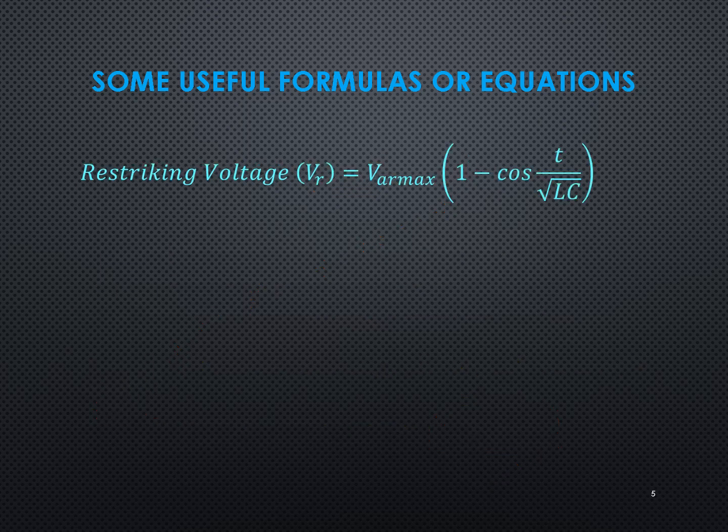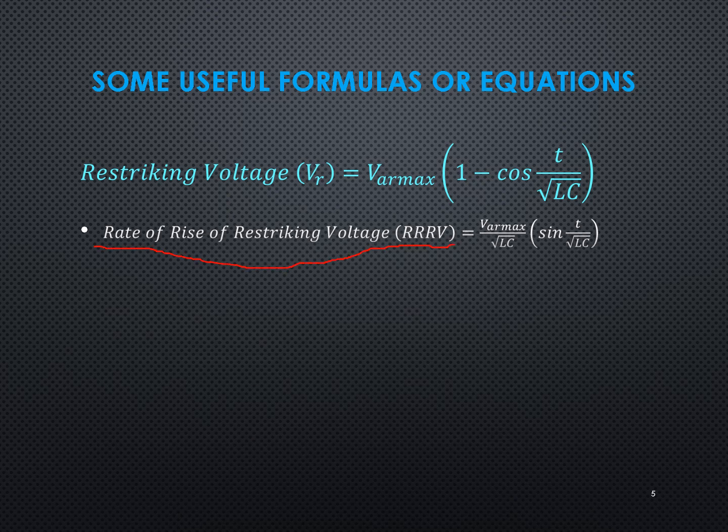Now, we derive another well-known formula, the rate of rise of restriking voltage. As the name suggests, how do we find the rate of rise of restriking voltage? It is easily obtained if you differentiate the restriking voltage with respect to time. We get the expression for the rate of rise of restriking voltage, which is equal to VAR max by root LC sin t by root LC.